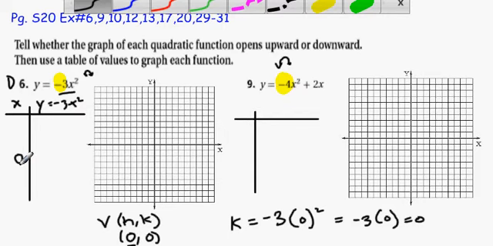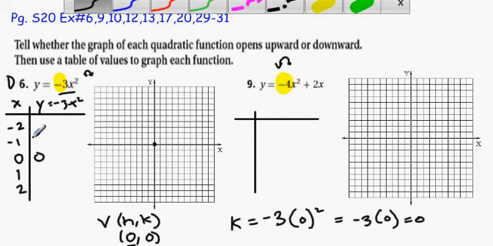And we know when the x coordinate of the vertex is 0, then the y coordinate is 0. So I'm going to place values of x on either side of this x coordinate, and that'll give me points that'll allow me to draw the parabola. So the first one I have is 0, 0. We've got that one done.